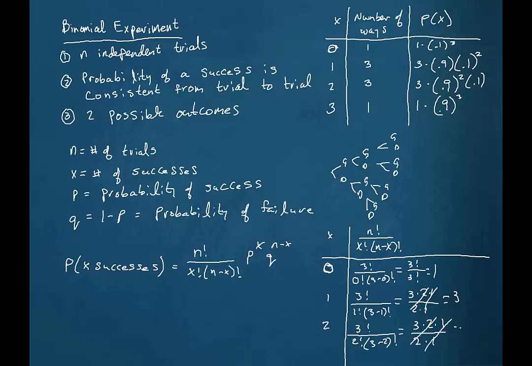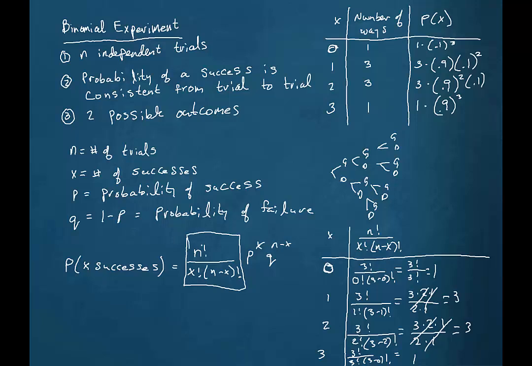Again, these cancel and we're left with 3. And then if x is 3, we have 3 factorial over 3 factorial times 3 minus 3 factorial, which again is just going to give us 1. So this column here, 1, 3, 3, 1, matches what we found in this tree. So that's what this part of the formula is doing.